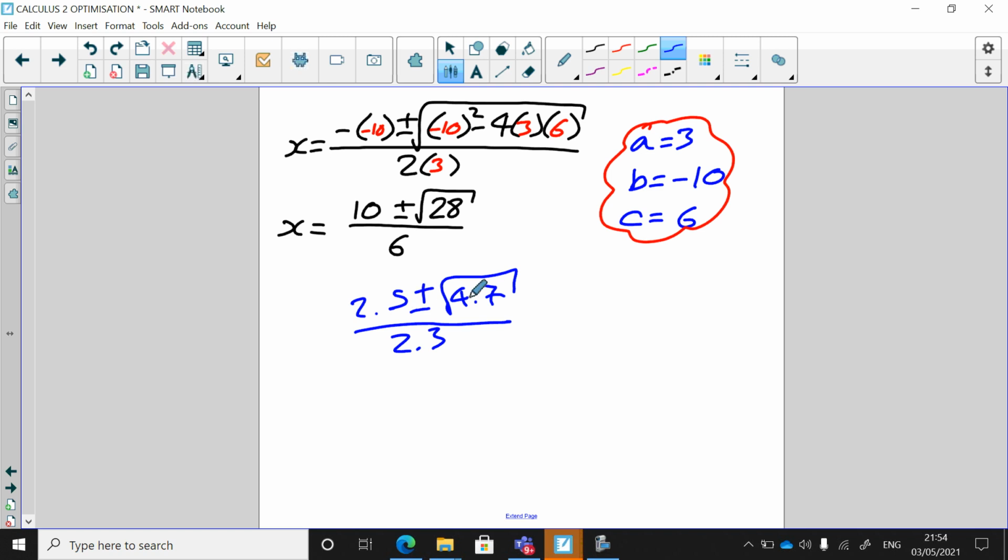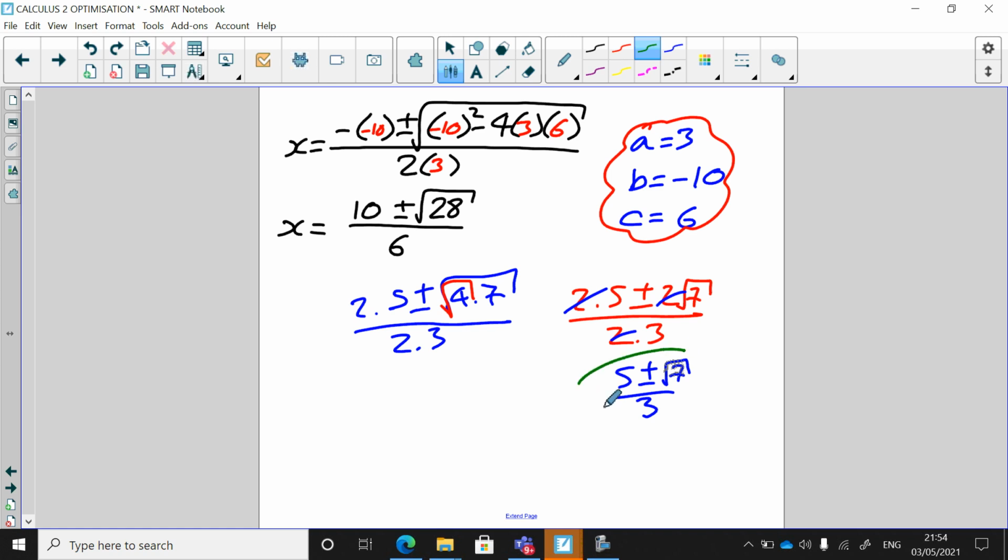Okay, so what's happening here is, to get that next line, take out the square root of 4, and so I've got 2 times 5 plus or minus 2 root 7 over 2 times 3, and then we can cancel out 2 everywhere, and hopefully have 5 plus or minus root 7 over 3.